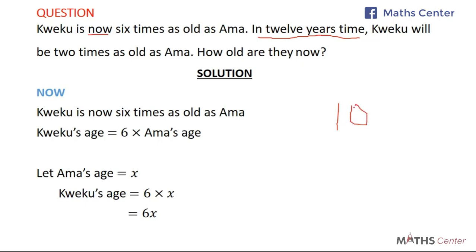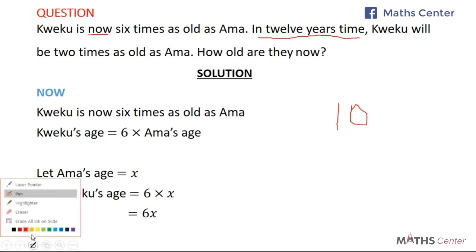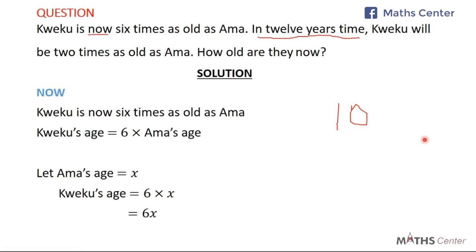So let's say that somebody is 10 years old in 2018. How old will the person be in 12 years? In 12 years' time, the person will be the 10 years that he is now, plus 12. That is going to be 22 years old.